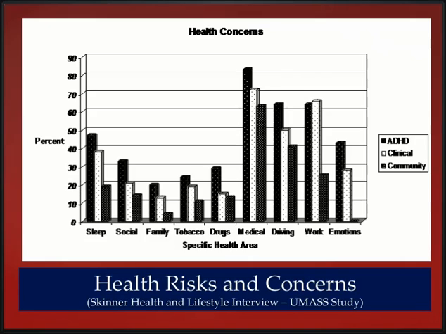But as I've already mentioned in my other courses on adult ADHD here, both ADHD in children and in adults is associated with difficulties with emotional impulsiveness and emotion regulation, and that is evident in this interview about health concerns, where they report a higher prevalence of having emotional difficulties in their lives. So overall, ADHD is associated with more health concerns than is seen in other disorders or in the general population.